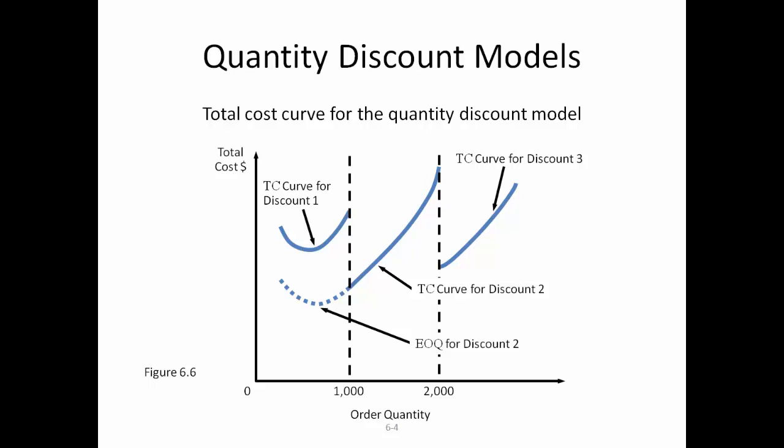You can see that the hook in the curve for the total cost is for discount 1, as we see at the top, and then the economic order quantity for discount 2 is down here. Here's my total cost curve, and then here's my total cost curve for discount 3.